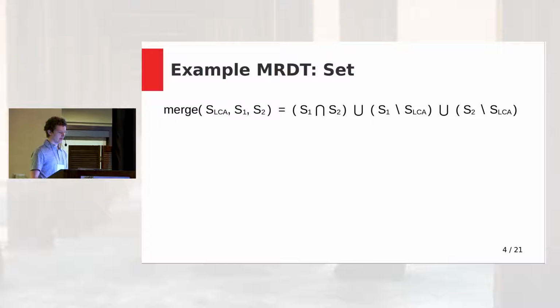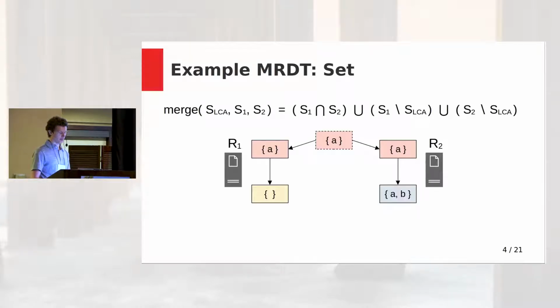To give a concrete example, here is the set MRDT, where the idea is that the merge function identifies what has been newly added or newly removed in the conflicting states, and then carries those forward into the final state.